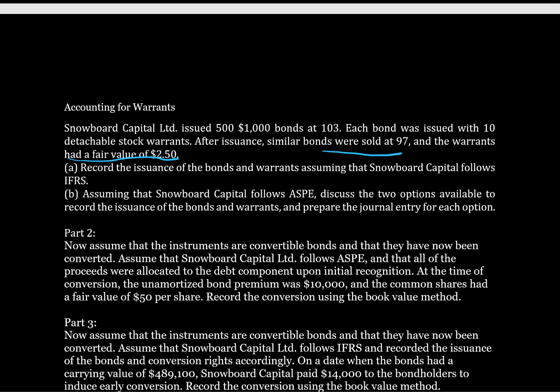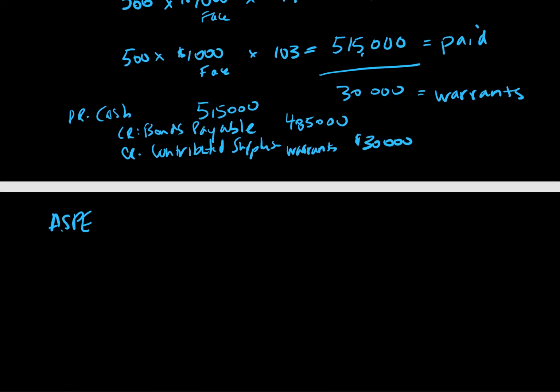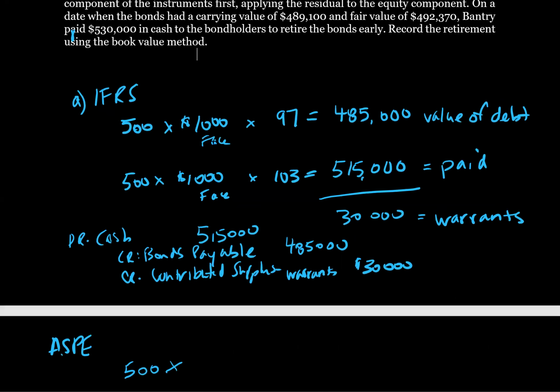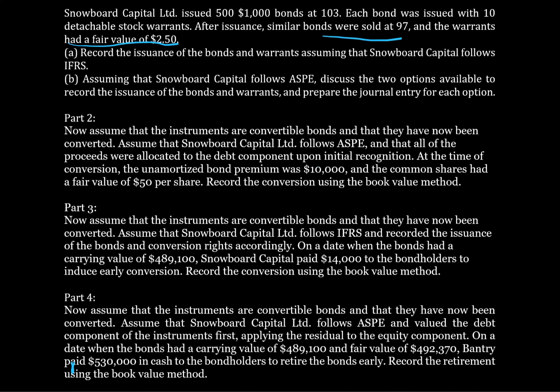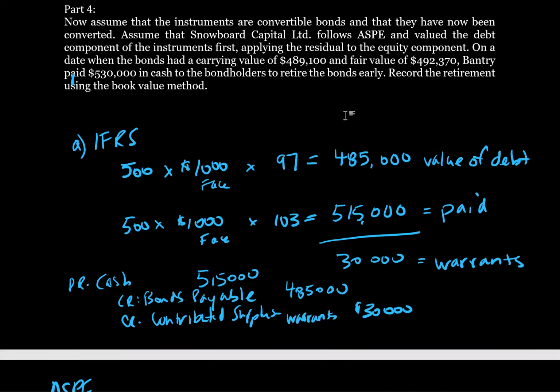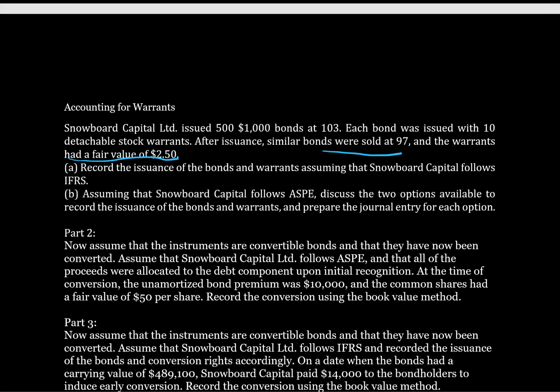So let's do the math down here. The value of the warrants is going to be 500 bonds, and each was issued with 10 warrants.